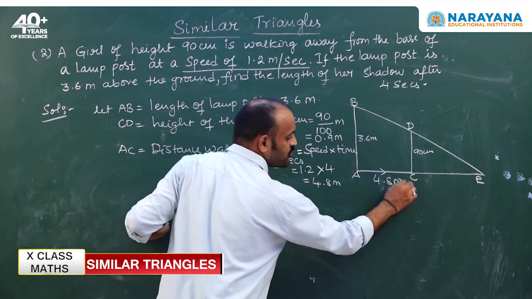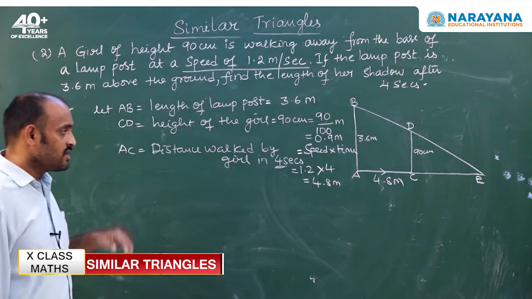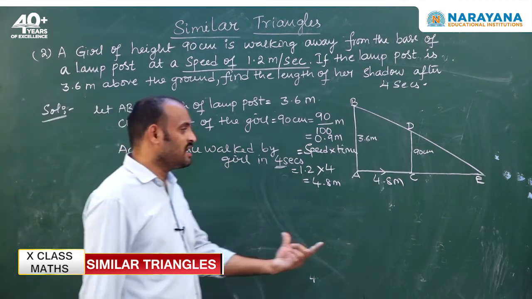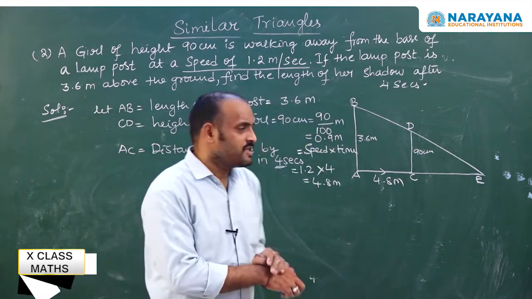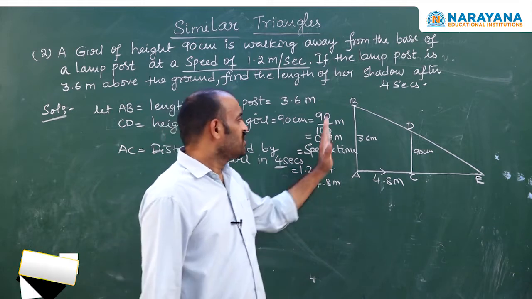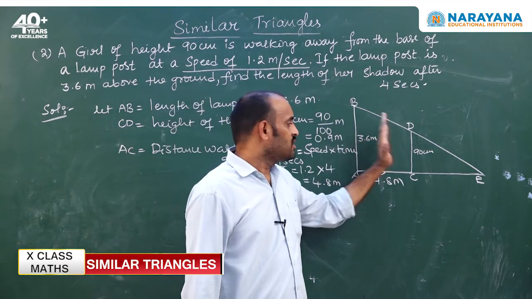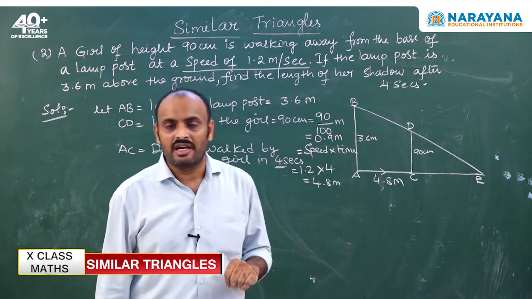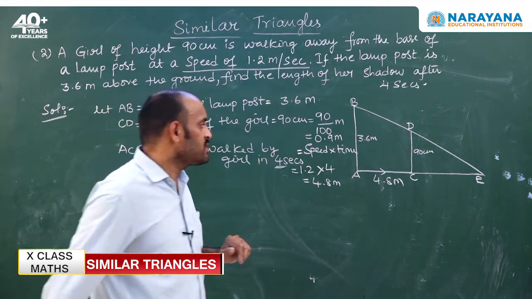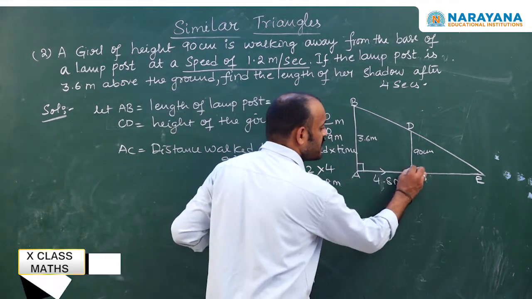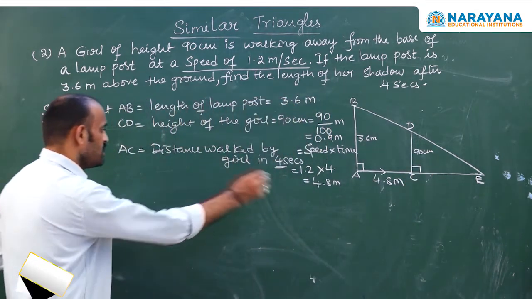This AC is 4.8 meters, and we need to find the CE length. Assume that in similar triangles, whether the lamp post or the girl, all these are perpendicular to the base. That means they make 90 degrees with the base.